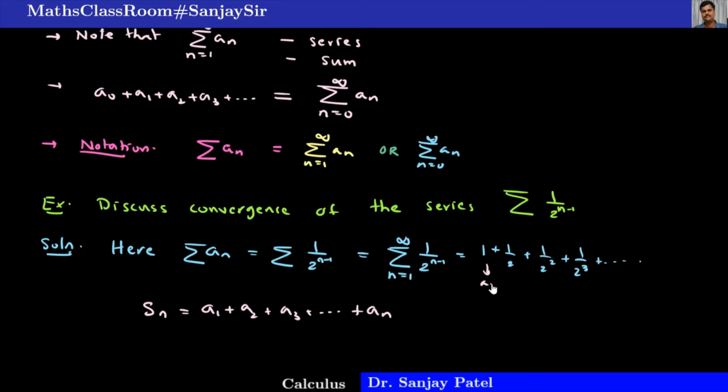So this is your a1 and a2, up to the nth term, which is 1 upon 2 raised to n minus 1. This will be your an, and this will go on and on. So I can write this as 1 plus 1 by 2 plus 1 by 2 square up to 1 upon 2 raised to n minus 1.